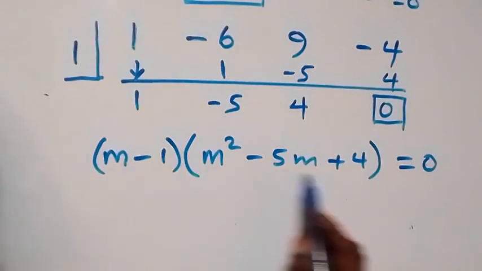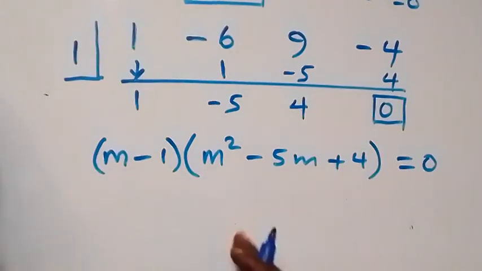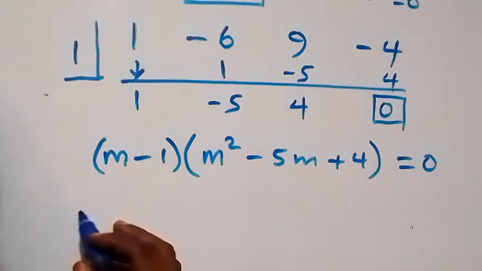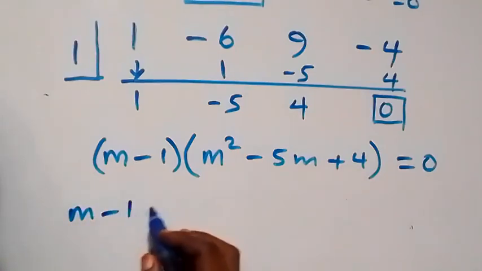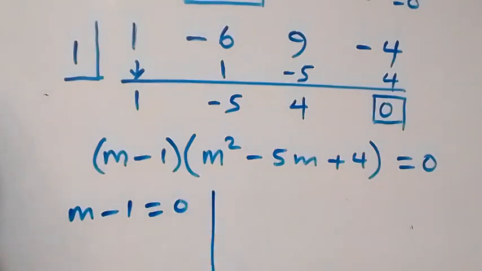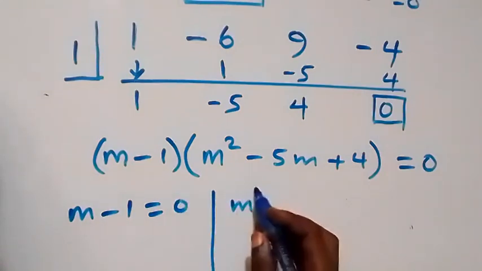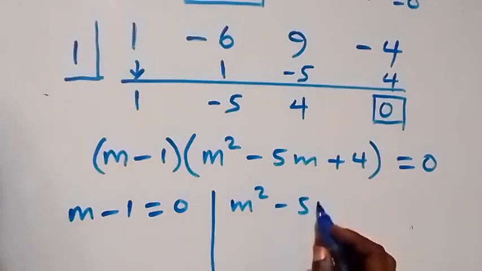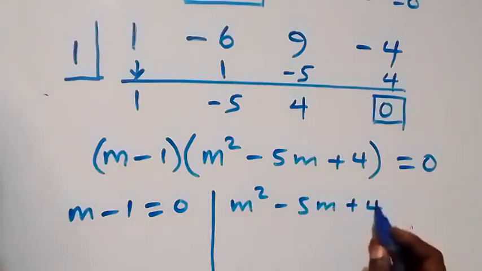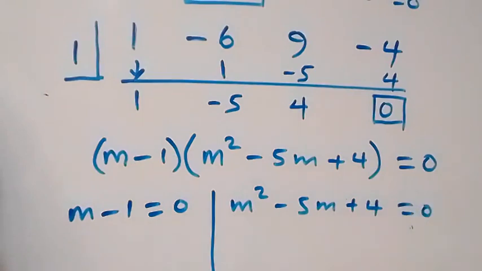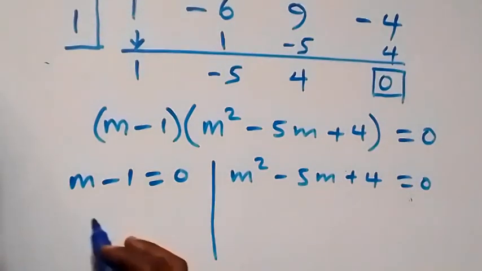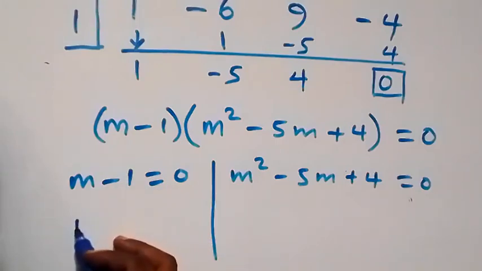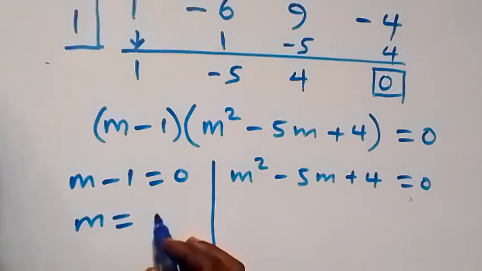The expansion here will give us the cubic equation again. Now, from here, either we have m minus 1 equals 0, or we have m squared minus 5m plus 4 equals 0. So already here, when we take minus 1, we have m equals 1.